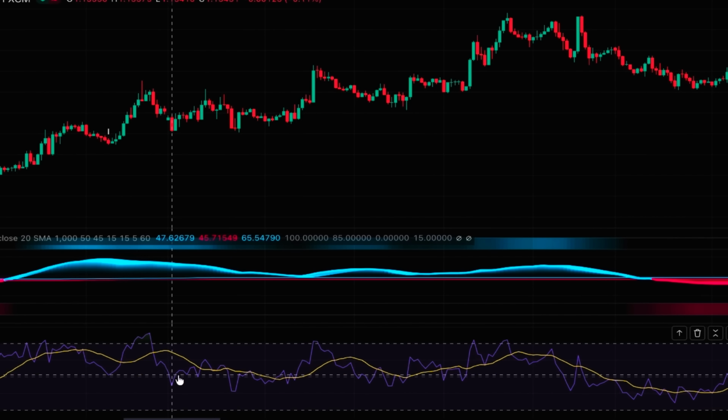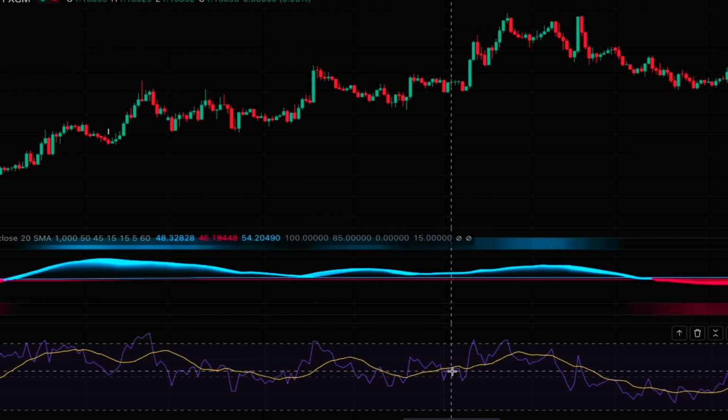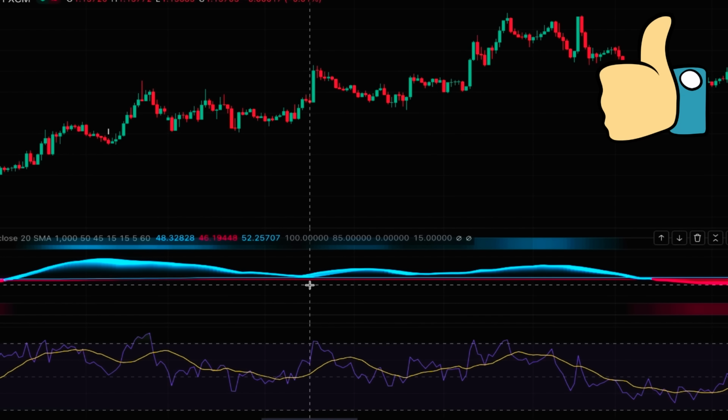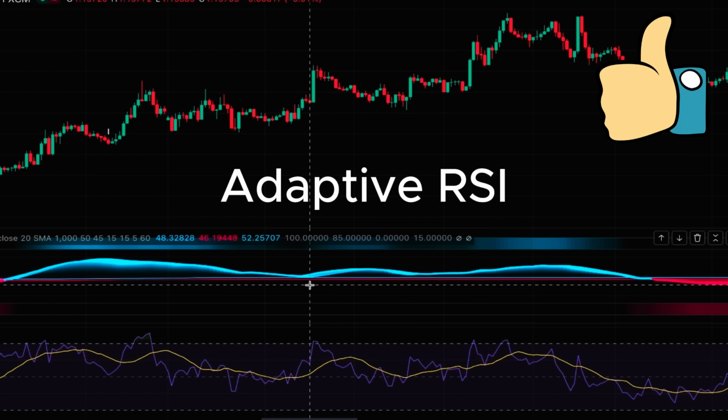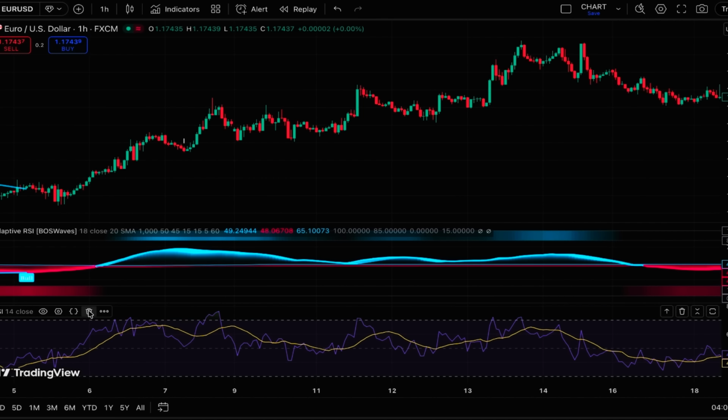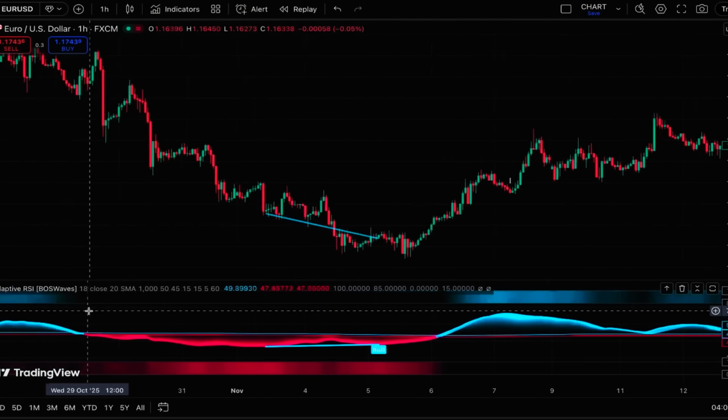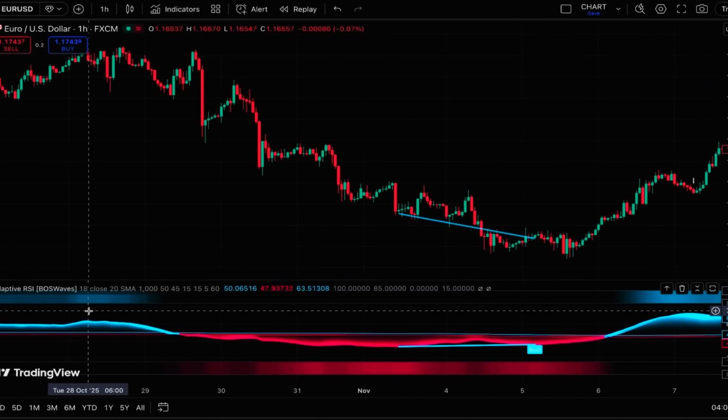We see many center line crossovers, and these false signals are really misleading in practice. But with this new RSI, we don't have this problem because this new RSI is adaptive. It has the ability to adapt to the current momentum of the market. Alright, let me close this old RSI and teach you a very accurate trading strategy based on this new RSI.